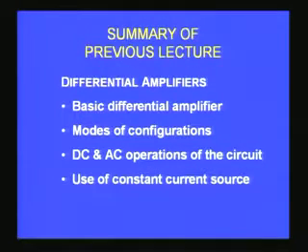We also discussed the AC and the DC configuration of the circuits and how a constant current source, when used for biasing the emitter of the two transistors, can improve the common mode rejection ratio. I hope you remember these things.